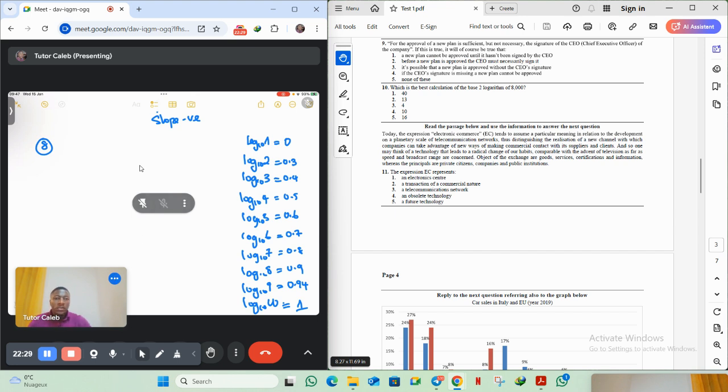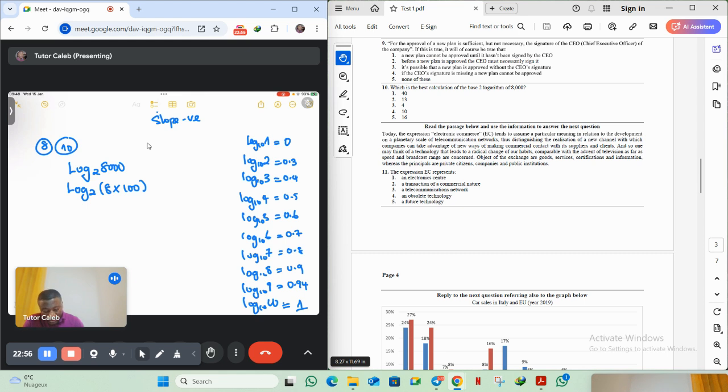Now, question 10. We have the logarithm of 8,000 to base 2. The logarithm of 8,000 to base 2 can be expressed as the logarithm to base 2 of 8 times 1,000. Now we're going to use the product law.